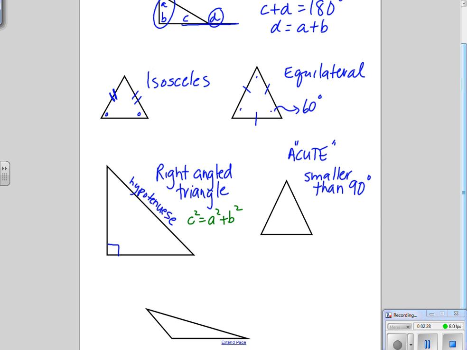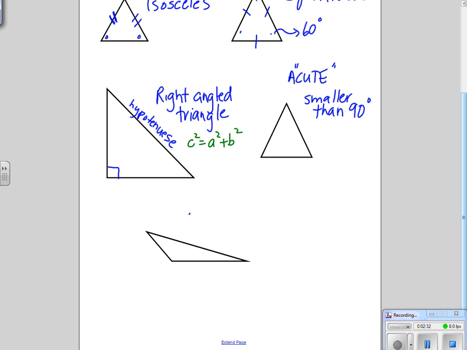An obtuse angled triangle has one angle that's larger. If you call somebody obtuse, that means they're being ignorant. So if that helps you remember, obtuse angled triangle, one angle larger than 90.